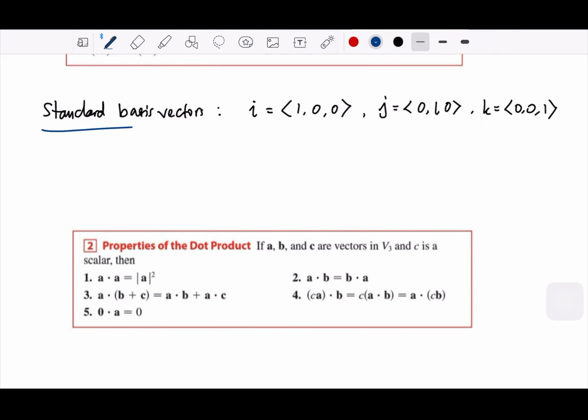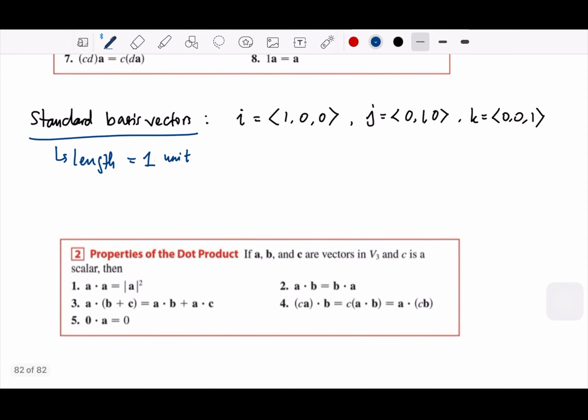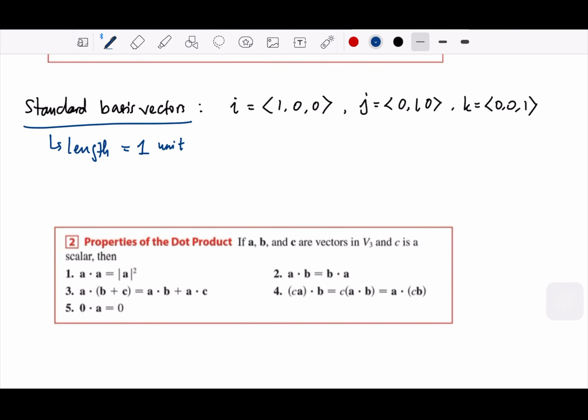Basically, their length is precisely 1 unit, and they have directions of the positive x axis, y axis, or z axis.